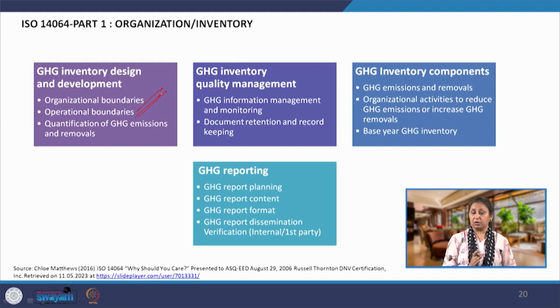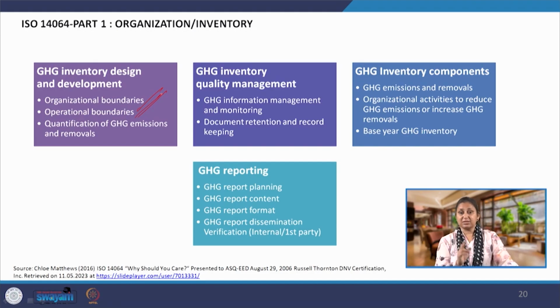And then we go ahead with the quantification, the data collection, the documentation, transparent documentation, and then we talk about the inventory components, where we talk about where all the emissions are happening, the reduction of emissions within that, and we also talk about the removals.